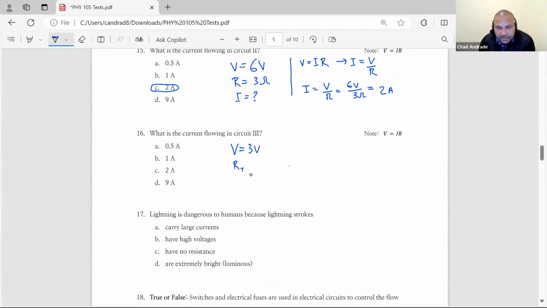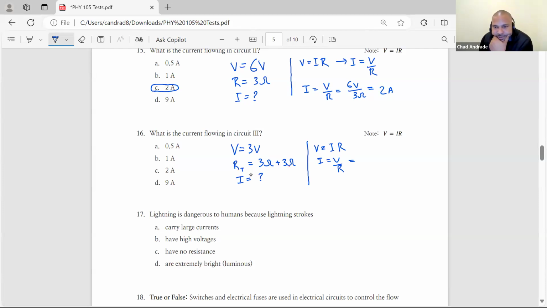Resistance, and I'm going to put T for total, equals 3 ohms plus 3 ohms, right? That's 6 ohms. And current equals, I'll put a question sign. Same thing as before: V equals I times R, therefore I equals V over R, V being the voltage, R being the resistance, and I the current.